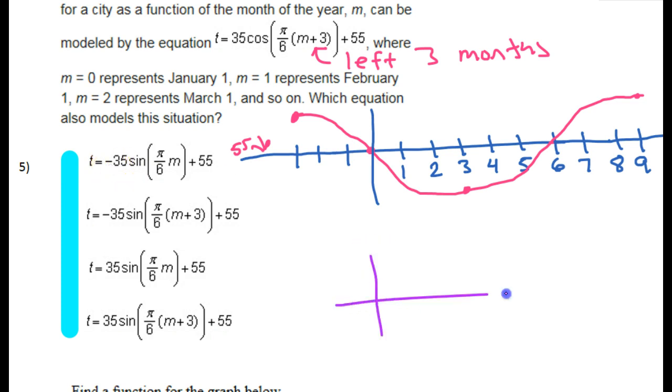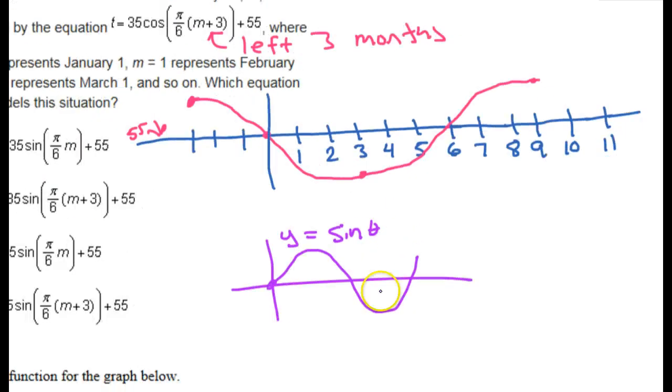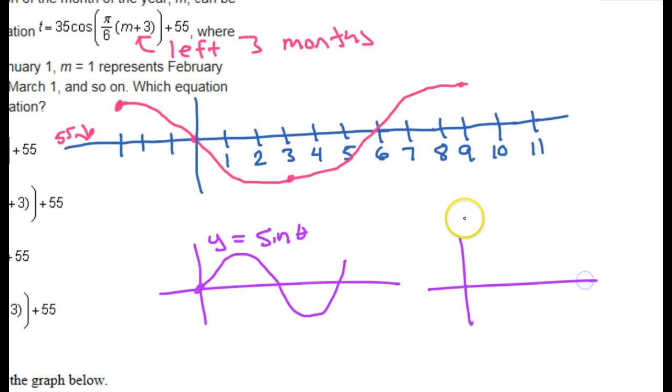So normally the sine function starts at the origin and it goes up and it goes back down. Alright, that's like y equals sine theta. But if you have y equals negative sine theta, then it starts at the origin and it goes down and back like that.